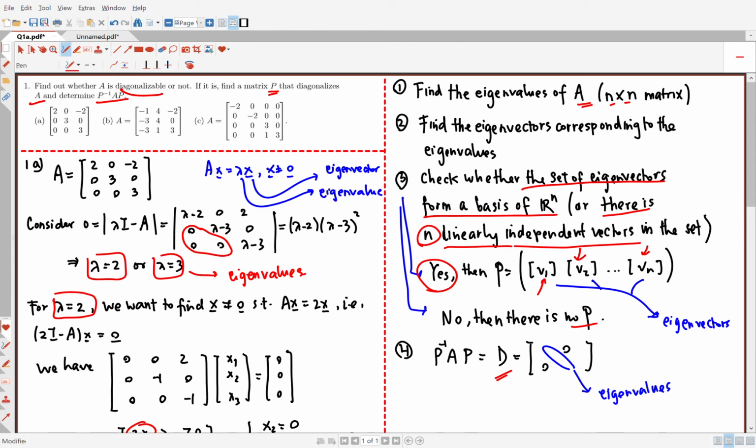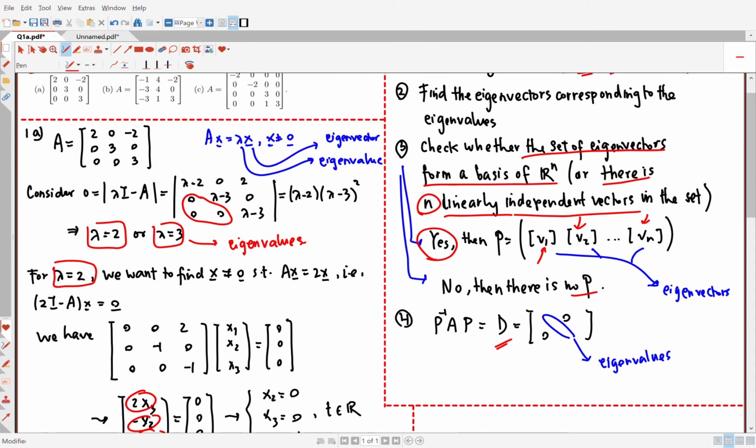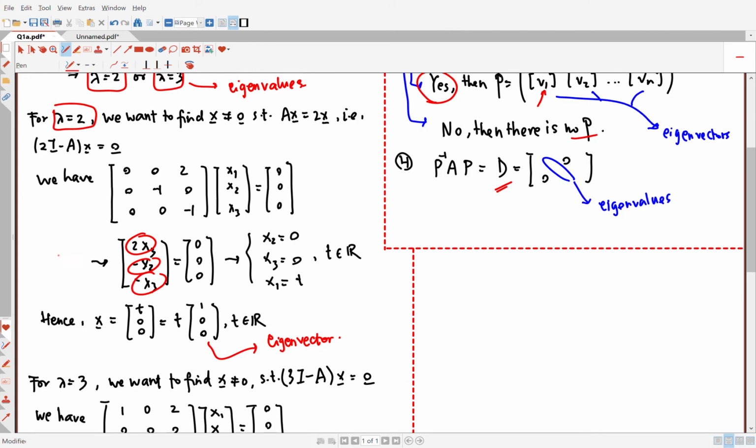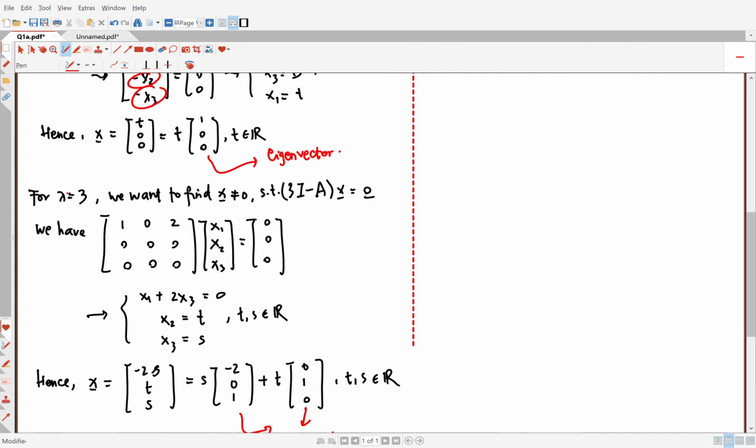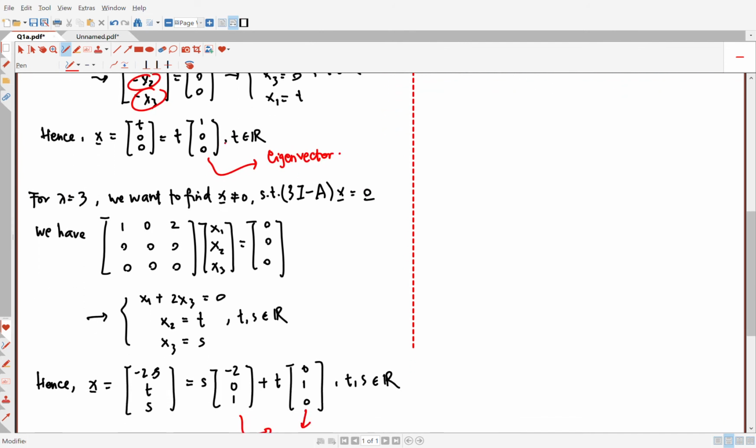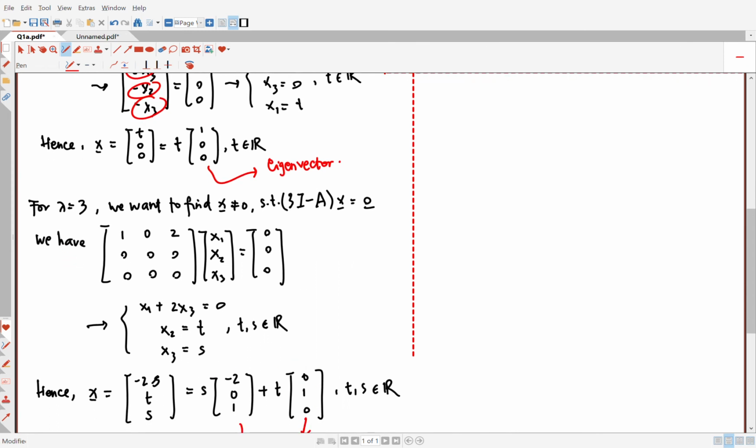Very good. So we are done with step 2. Now we go to step 3. We want to check whether the union of these, this vector, this vector, and this vector, is linearly independent or not. To do that, there's a trick.